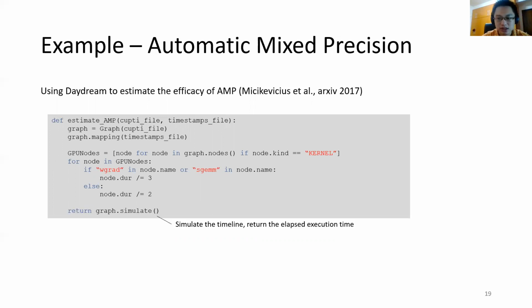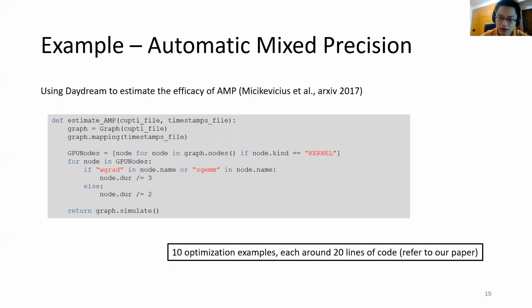And finally, we simulate the altered graph for a runtime prediction. The code is written in Python, showing our prototype implementation of Daydream user programs, and this is a very simple example. In the paper, we show 9 other examples, and each of them takes only around 20 lines of code.